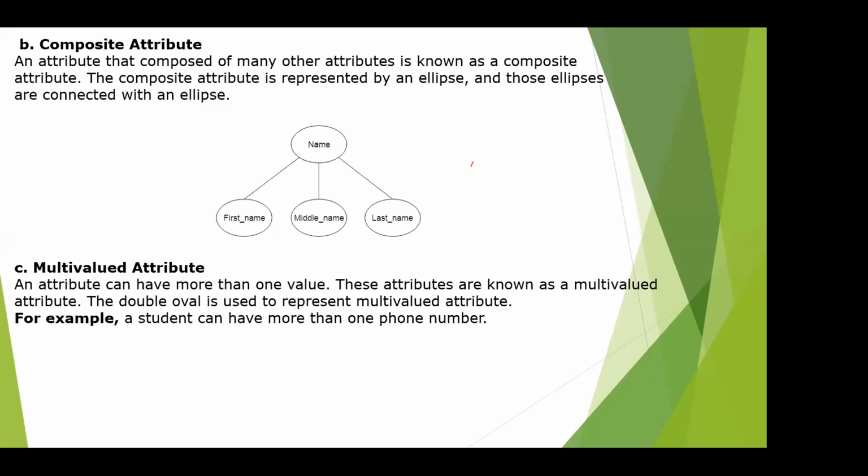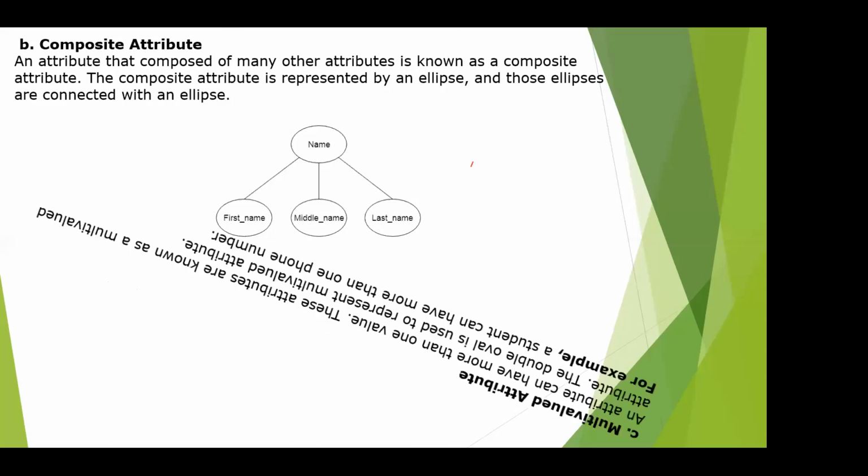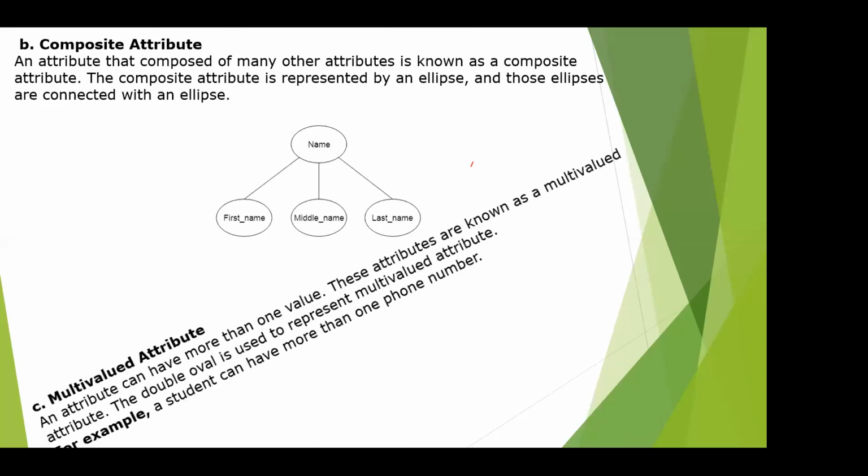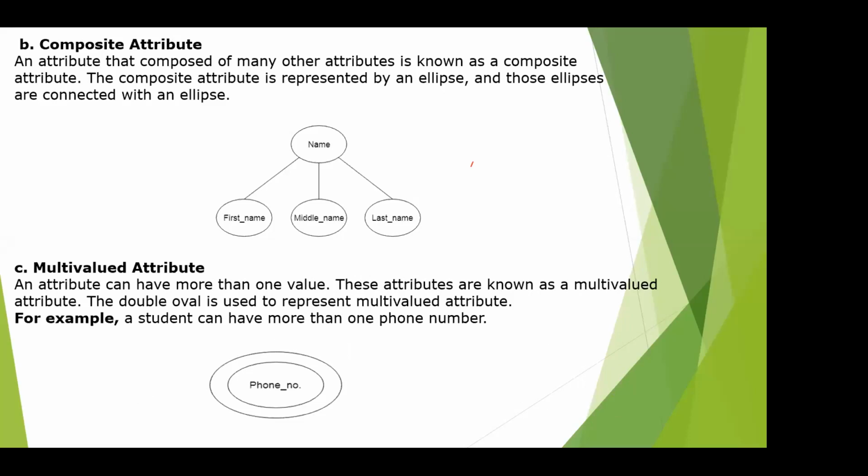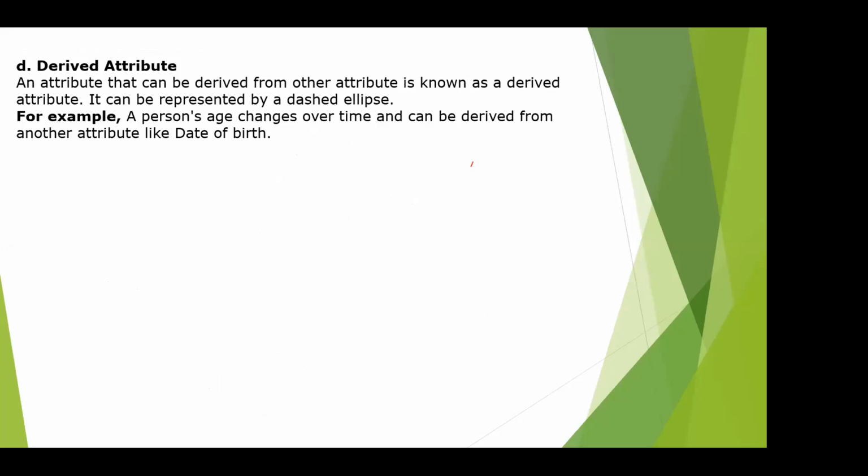You represent a multi-valued attribute with two ellipses. A weak entity uses two rectangles, and a multi-valued attribute uses two ellipses. Example: phone number. If you have two mobiles, you can draw two ovals, and if you have two laptops, laptop is an attribute of student, so you can represent it with two ovals.